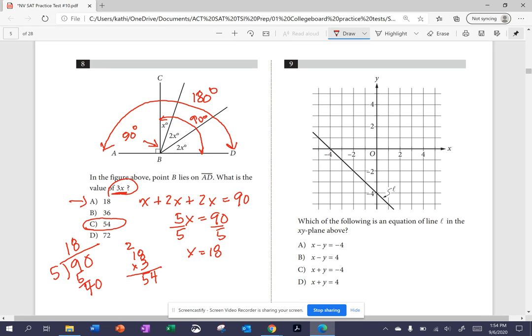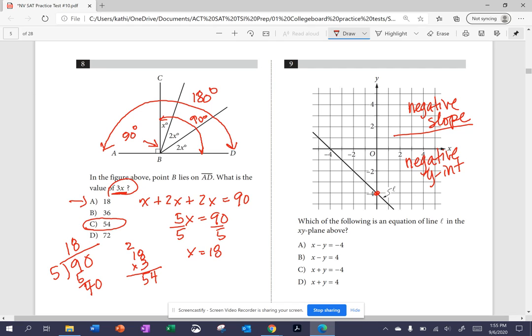Number 9. Which of the following is the equation of line L in the xy plane above? Looking at the graph, I know that I have a negative slope. And I know that I have a negative y-intercept.